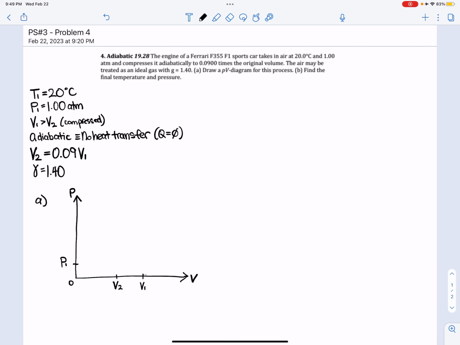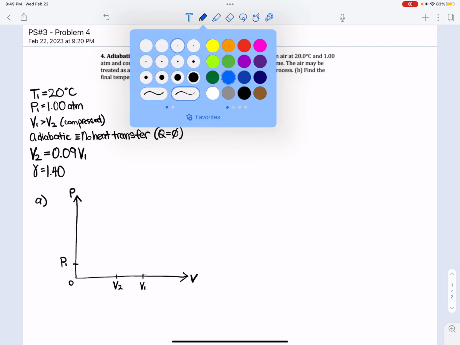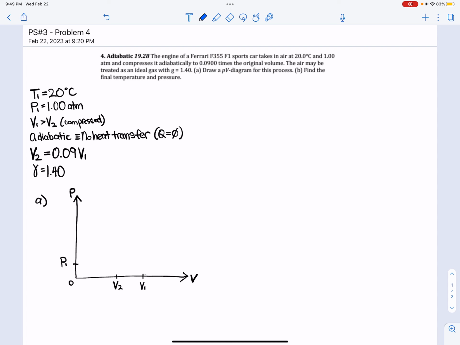But because this is an adiabatic process for an ideal gas, there are two equations that we can use. The first is P1 V1 to the power of gamma is equal to the final pressure times the final volume to the power of gamma.